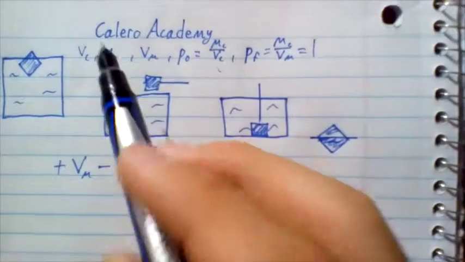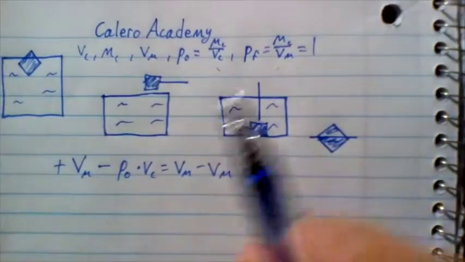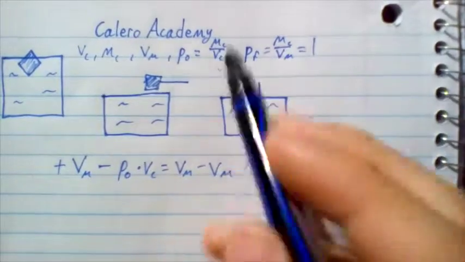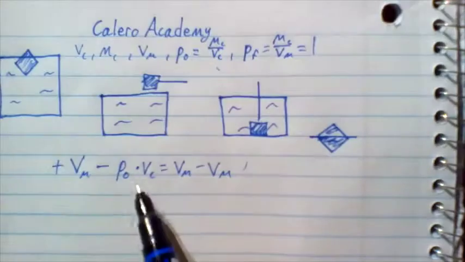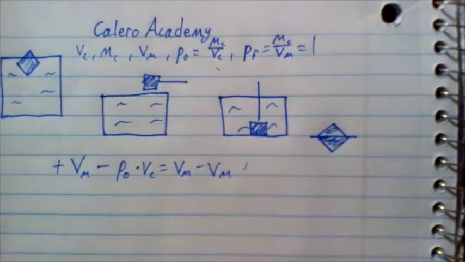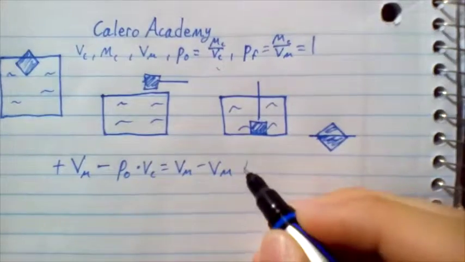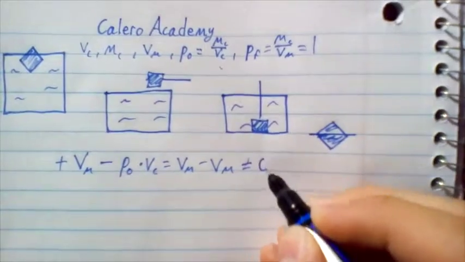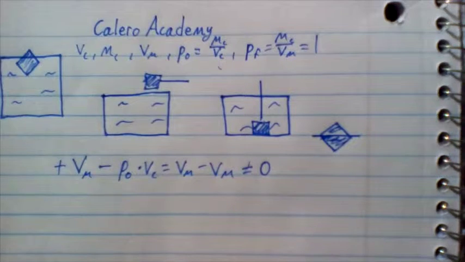And it's M sub c because the mass of the water will remain the same. So after a little bit of number crunching over there, we will get that rho sub o times V sub c is equal to V sub m. And therefore, these two effects perfectly cancel out. And therefore, the change in water level will be equal to 0.